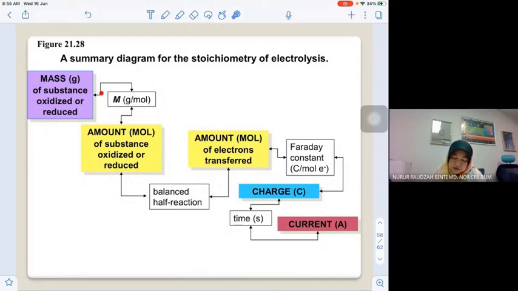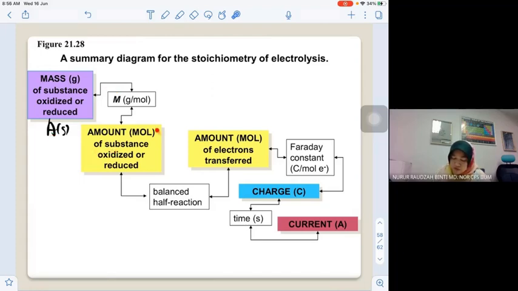They are reversible. If we have the mass of the substance that is produced, for example we want to produce solid A, and we know the mass, we can calculate the moles of A produced.